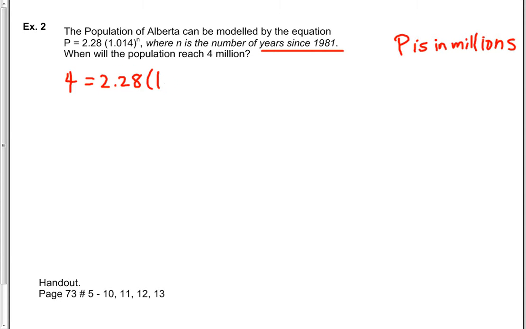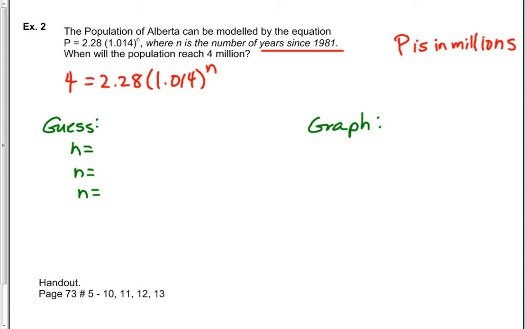Okay, so I want to find when 4 equals 2.28 times 1.014 to the n. My two options at this point are guess and check and graphing. With guess and check, I would put values of n in until I get as close as possible to 4 million.